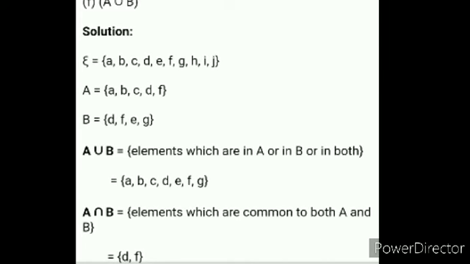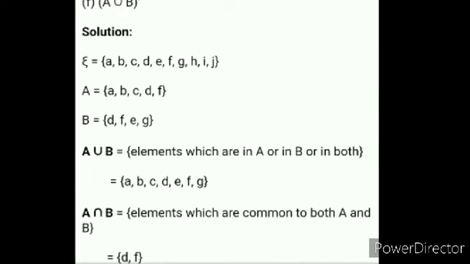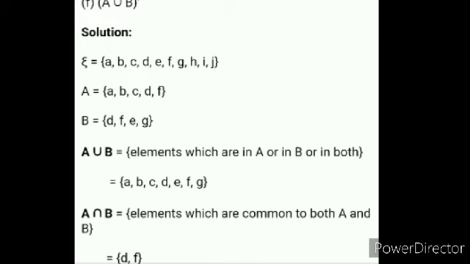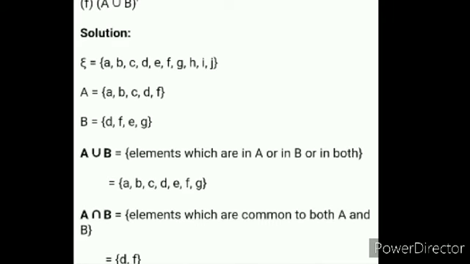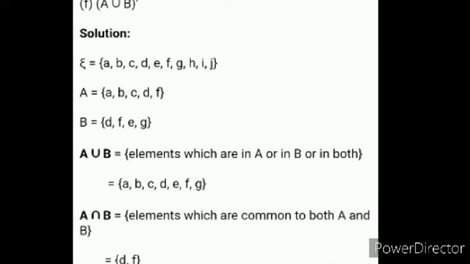And intersection means elements which are common to both A and B. D and F are members of set A as well as set B. So here A intersection B is equal to D and F.